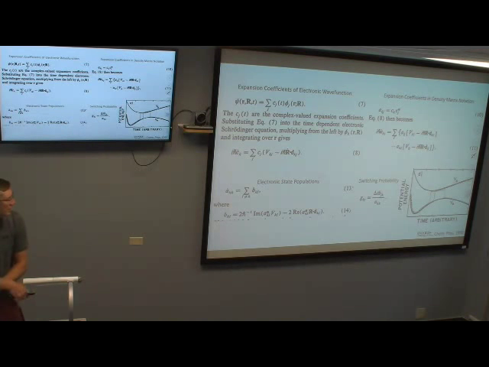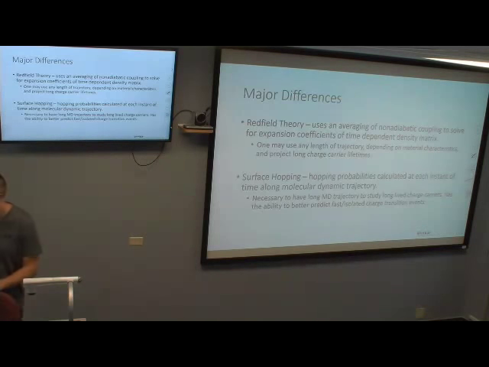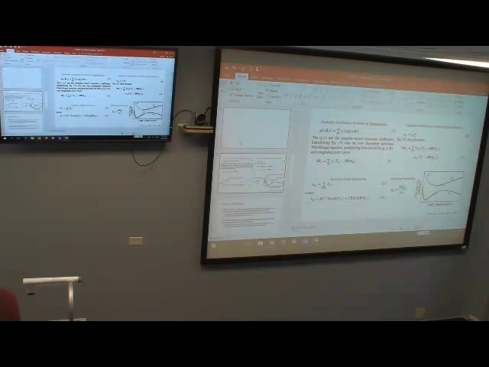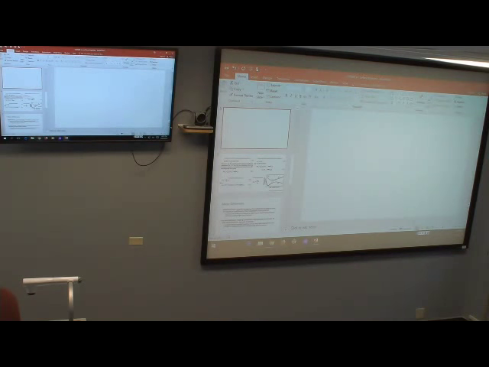And so when they're looking at these types of switching probabilities, they generate a random number and compare it to the probability of transition from one state to another. I think they use some type of zeta.